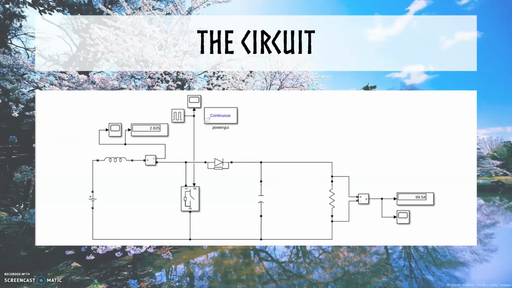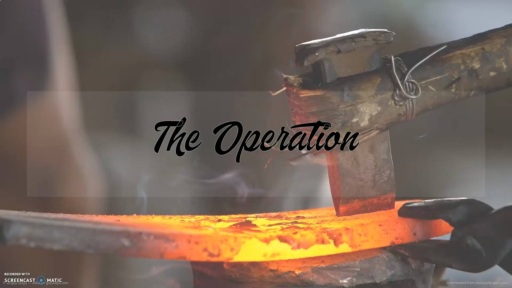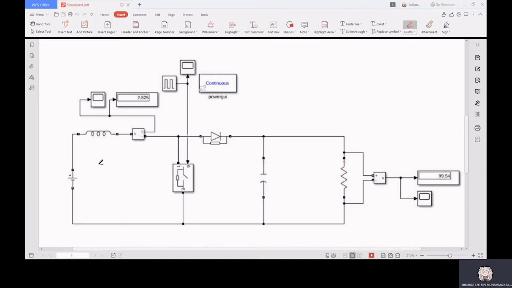This is the circuit of the DC-DC boost converter. The operation. When the voltage source is applying current, the current flows to the inductor, diode, capacitor, and also the load.